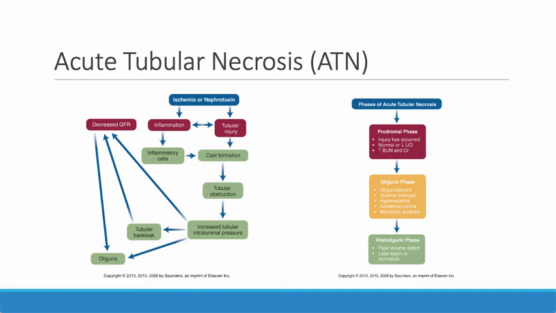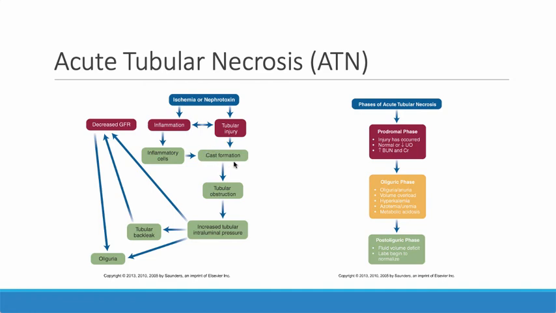All of those cells that line those start to slough off and die, and they can plug up things in the urinary tract, at a microscopic level, and make it hard for the urine to get through. So that is the principal problem at work in ATN.